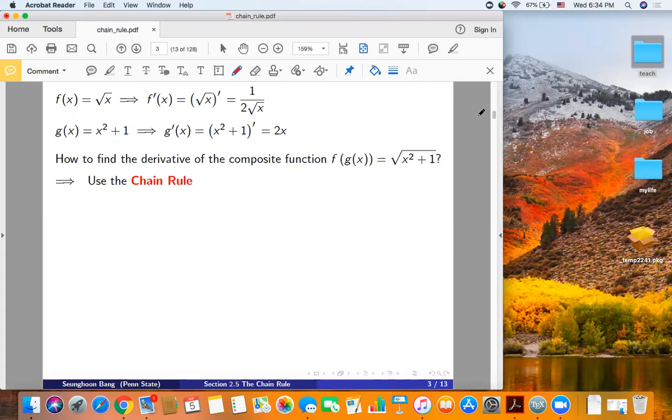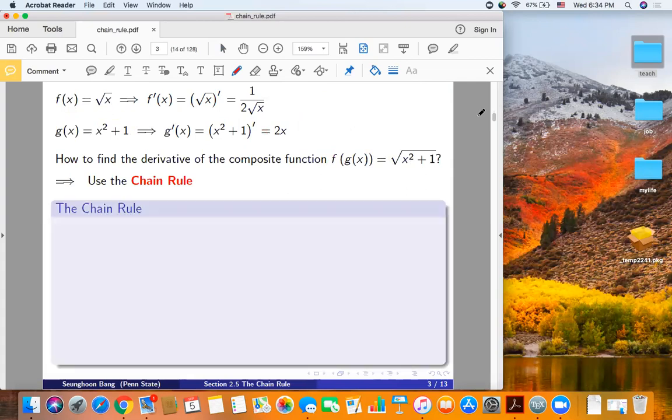You have to use the chain rule. What is the chain rule? I can write here. If g is differentiable at x, what does it mean? The derivative exists. And f is differentiable at g of x.